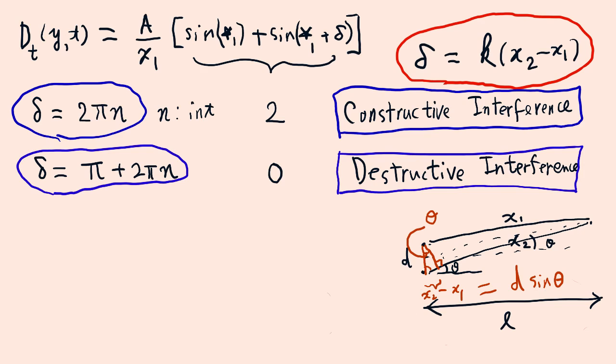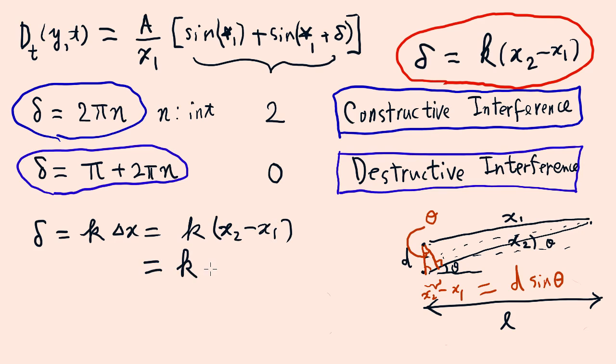But anyway, delta, which is defined as k delta x, which is equal to k(x2 minus x1), we just found out that this is actually k d sine theta. So then, let me go further and say this is 2 pi over lambda times d sine theta.